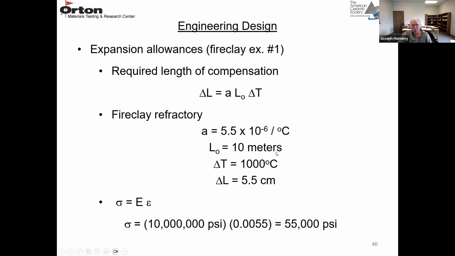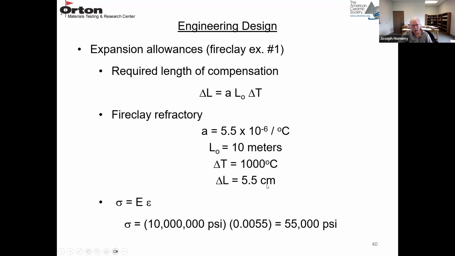So let's take a furnace wall that's 10 meters long, that's L0, and we heat it from room temperature so that the delta T is 1,000 degrees C. So we put these numbers into this equation. On a 10-meter long wall, the change in length is 5.5 centimeters.